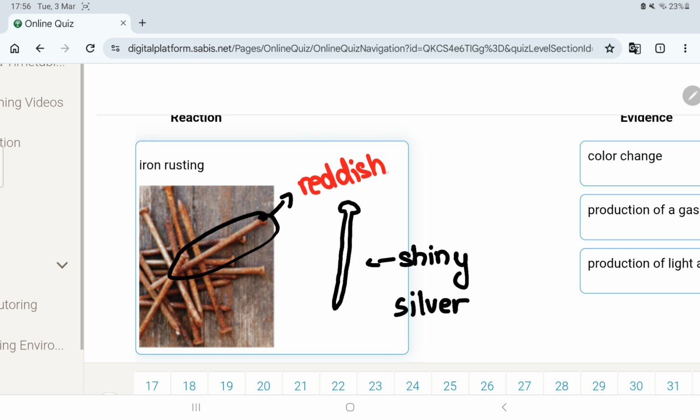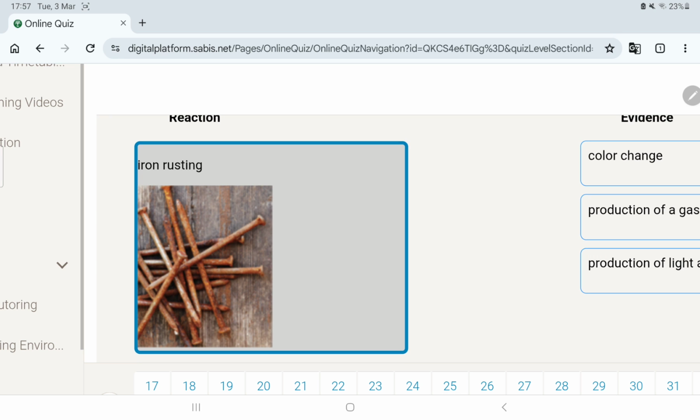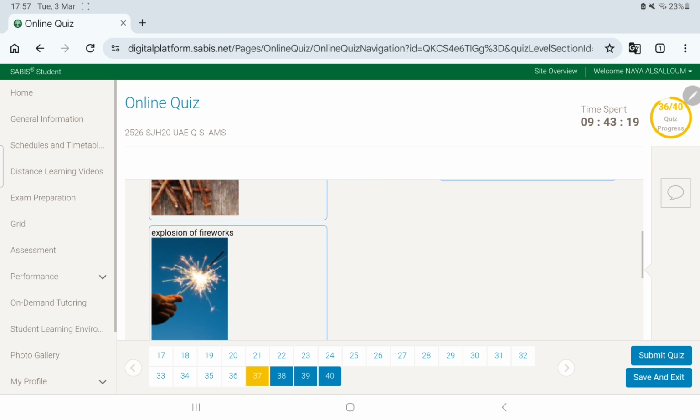Reddish brown. So it changed from silver to the reddish brown. So guys, what changed? The color. So iron rusting has a color change. So you can just take a quick look. So iron rusting is color change. Why? Because it turns from the silver iron we all know into this reddish brown rusty iron.